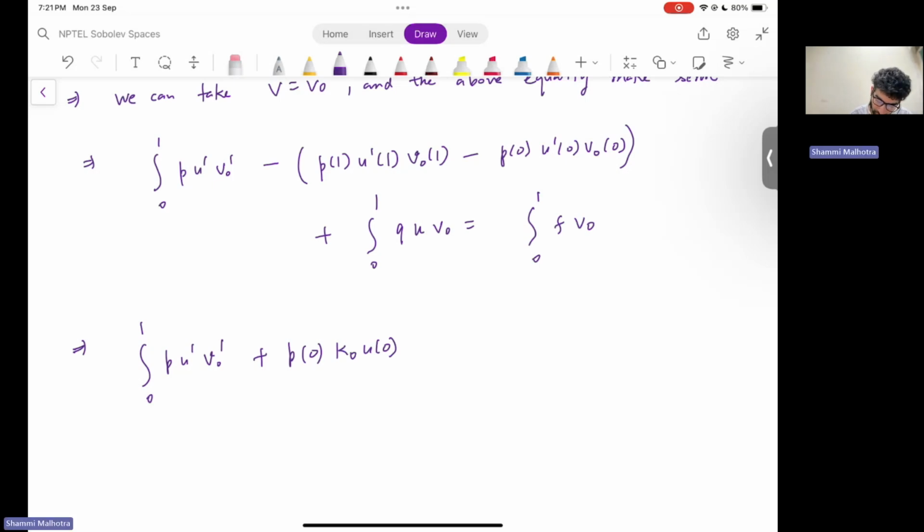Finally we have v naught at 0, and v naught at 0 is 1 only, so I can also remove this, and finally the remaining terms are integration 0 to 1 q u v naught equals integration 0 to 1 f times v naught. Right, so far so good.